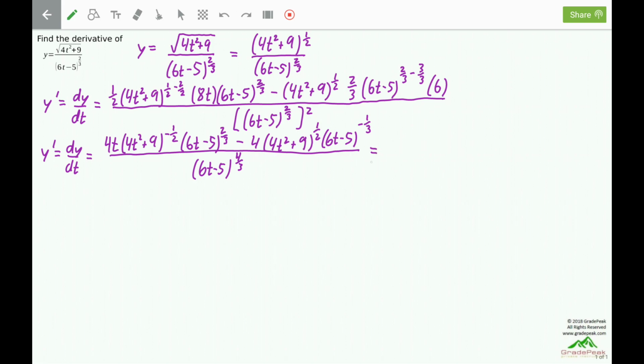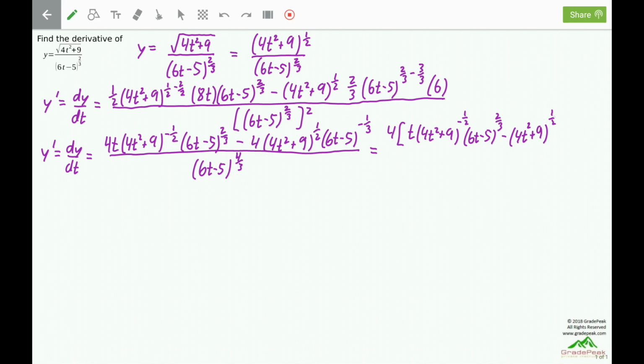Now, if we're going to do the factoring, it's all about factoring the numerator. Now, in the numerator, I have a common factor of a 4. I will start with that. So I have a 4. Just factor that out. I'll be left with a t, a 4t squared plus 9 to the negative 1/2, a 6t minus 5 to the 2/3, and then minus a 4t squared plus 9 to the positive 1/2.